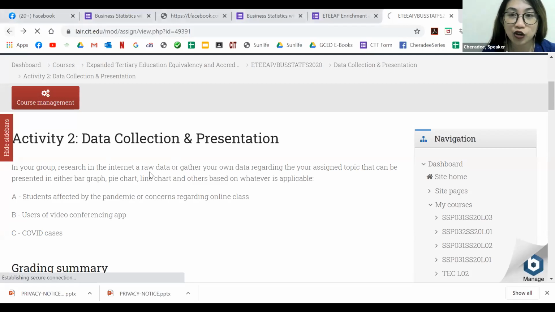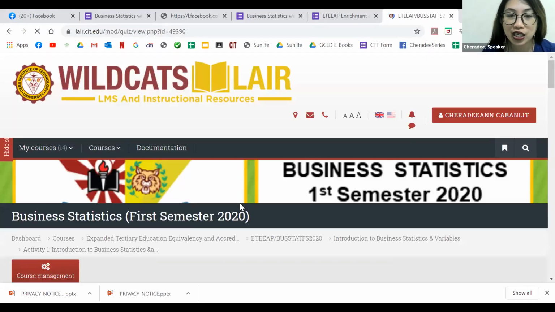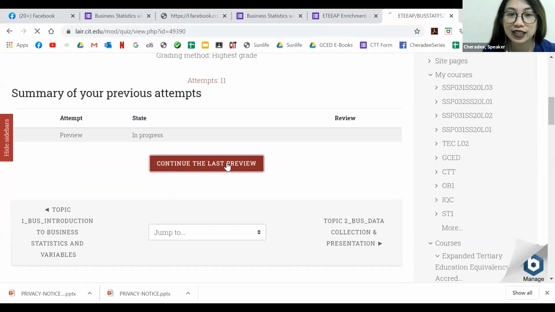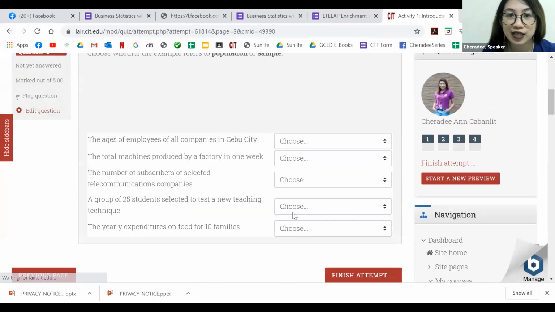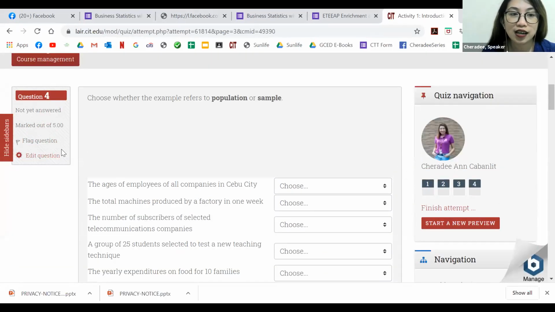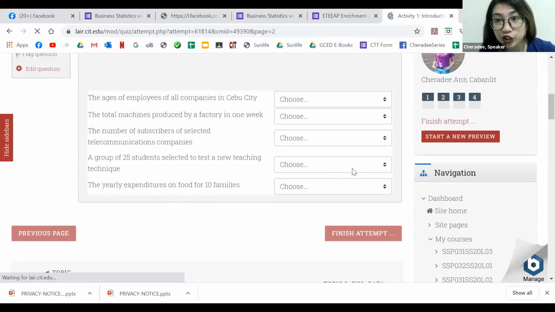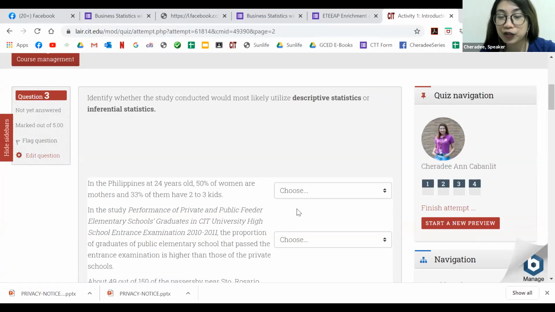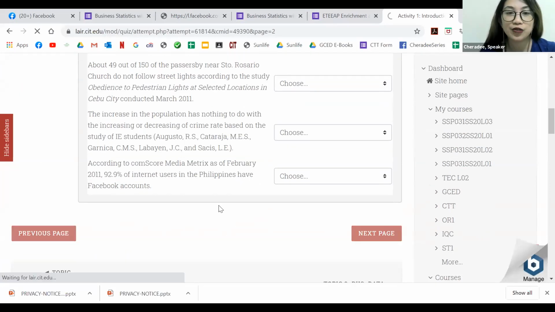So mo ni si kato akong ipakita ganina si activity 1. Kato determine if it's population, determine if it's sample. So, sa'yo na kayo siya kana, population or sample ba na siya? Discrete or continuous? Okay na, descriptive or inferential ba siya? Yung 5 numbers ra. Sa'yo na gid kaayo.